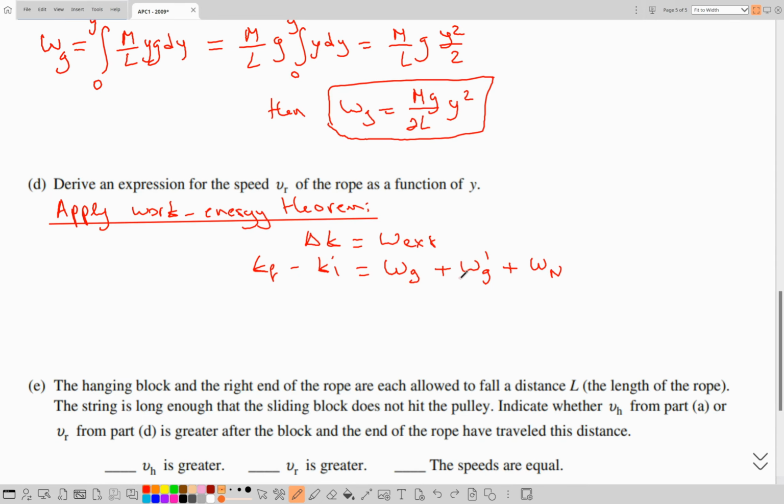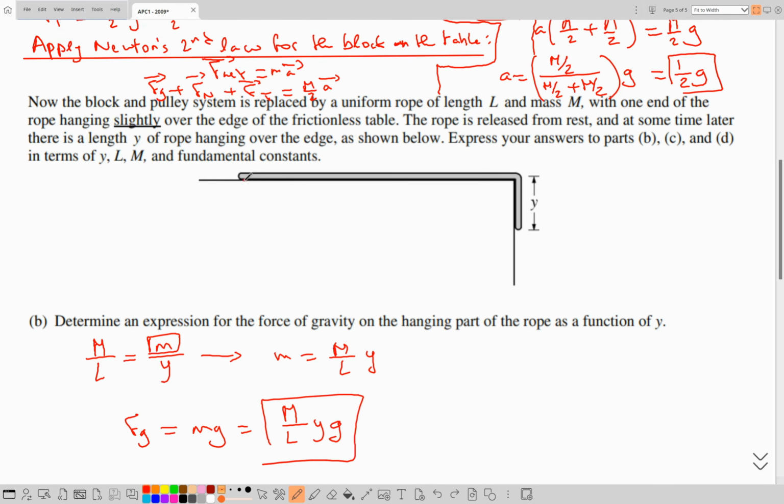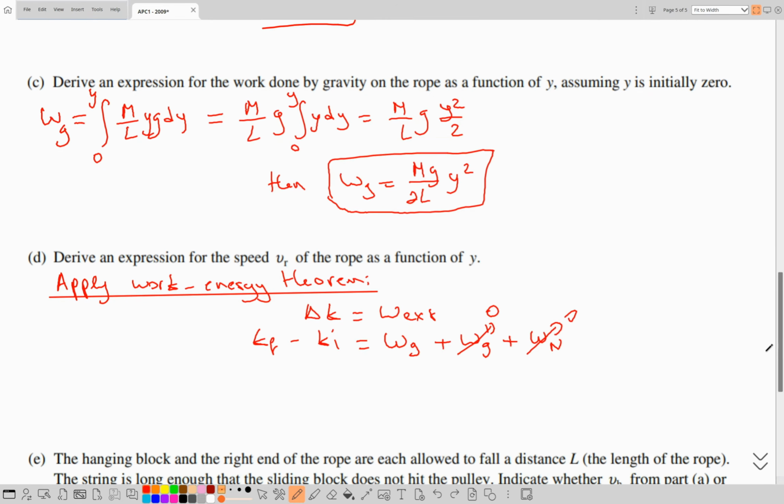Now the work done by this force is 0 and the work done by this force is 0. Why? Because the displacement of the part of the rope which is on the table is to the right, and the forces are acting vertically, so they produce no work.